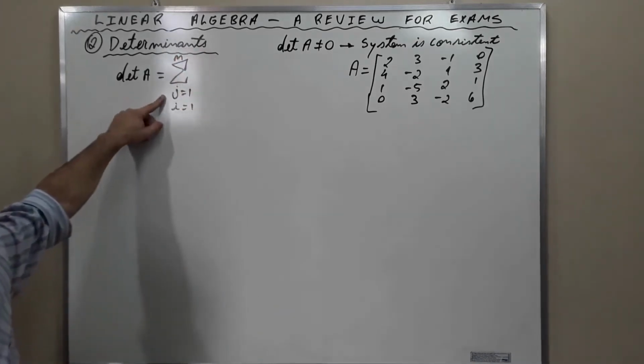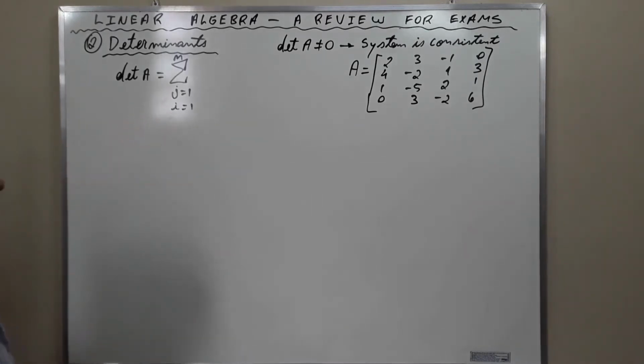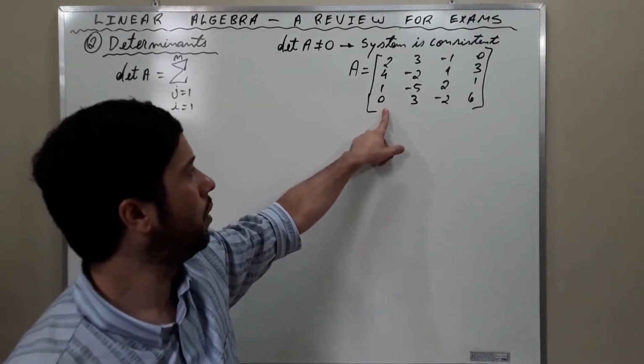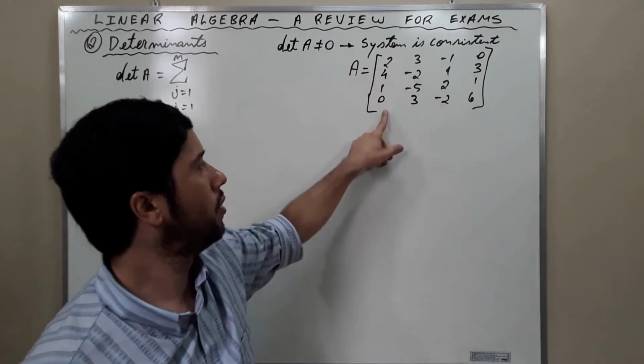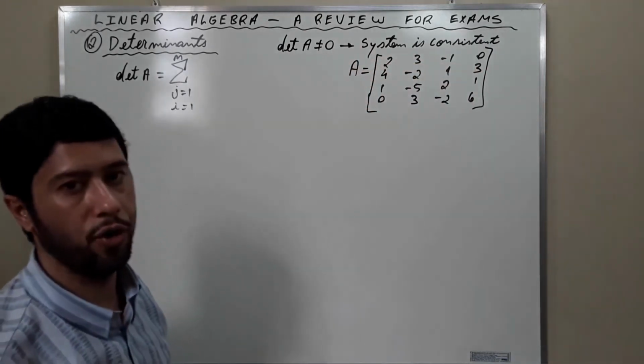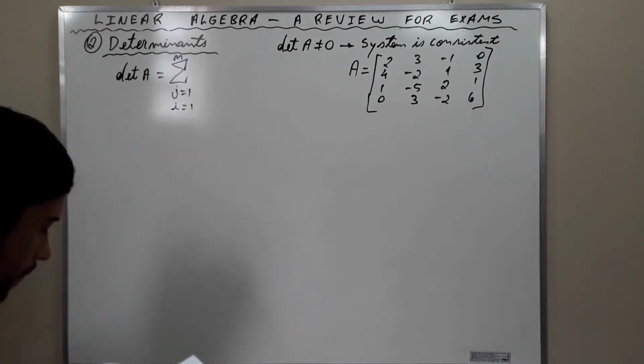You can choose columns or rows, depending on your selection. For example, I could choose the first column, I could choose the first row to reduce the matrix. You're gonna see how it is done.